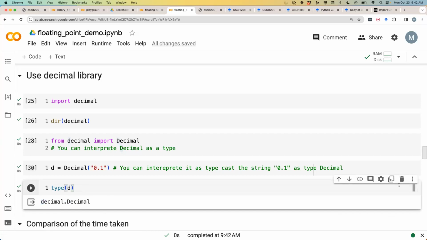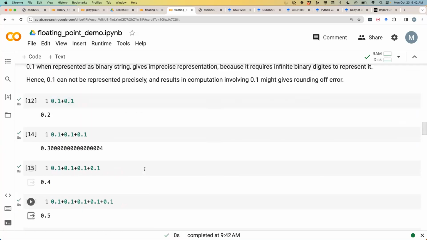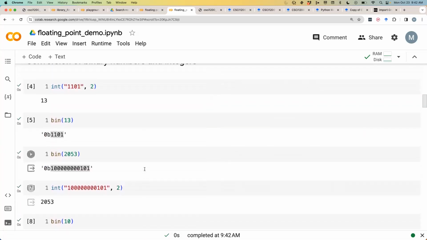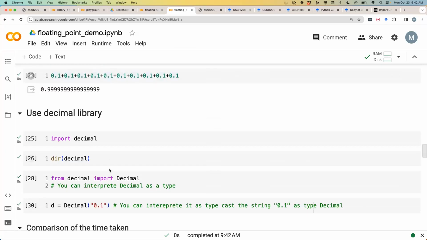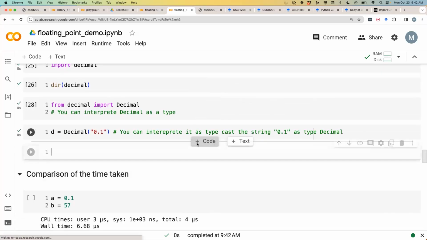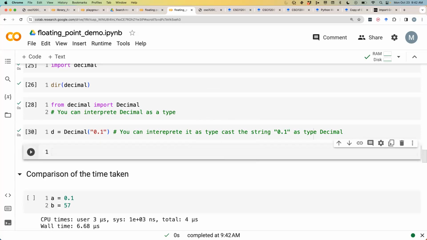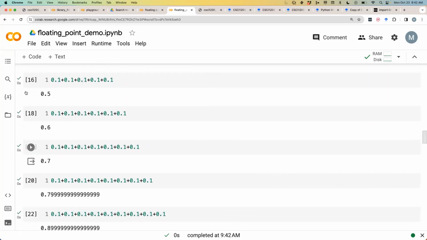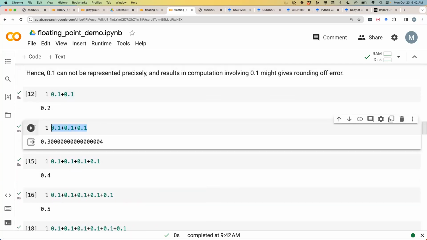Okay, so now, if I put everything into this form, would I get a better calculation, where I get a precise calculation? So suppose I do this D plus D. So early on we say 0.1 plus 0.1 plus 0.1 does not give me the precise calculation.